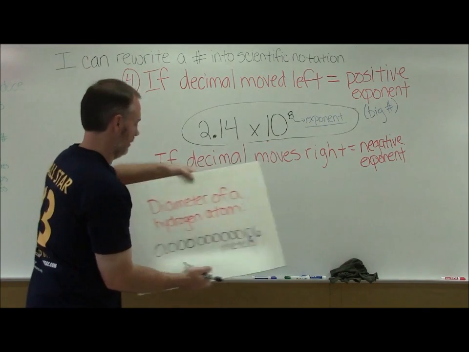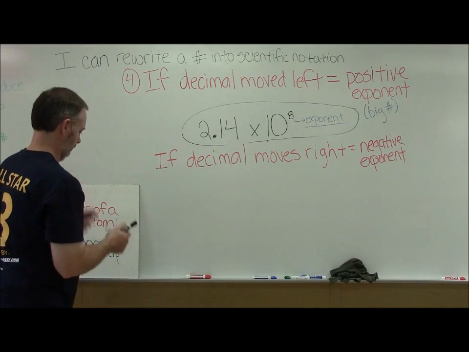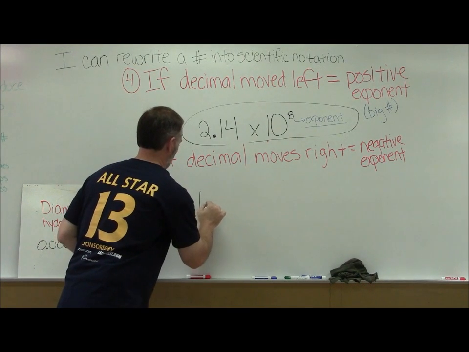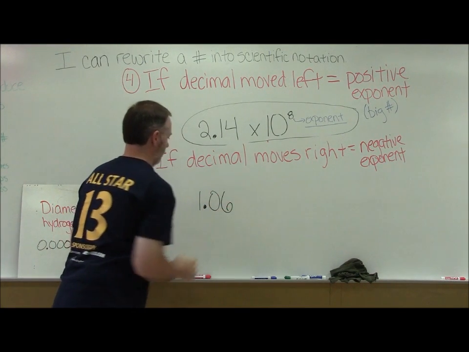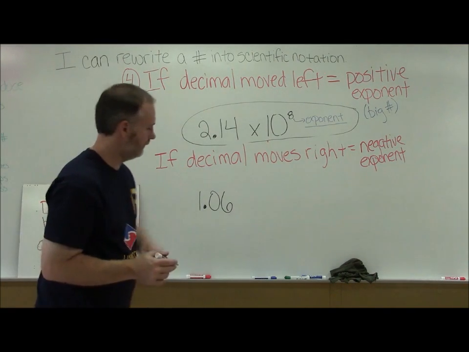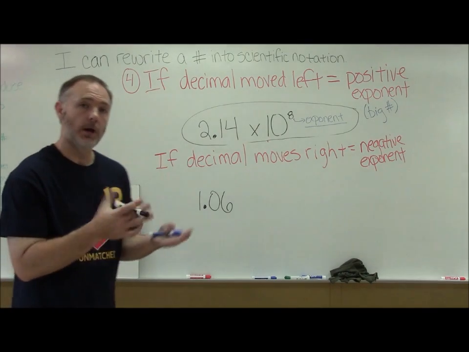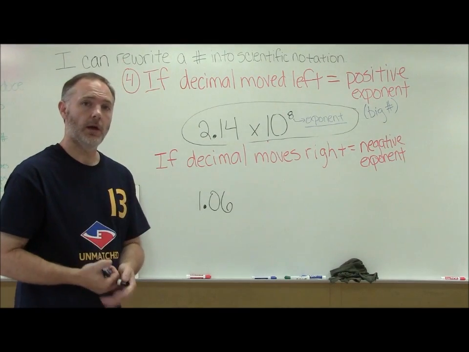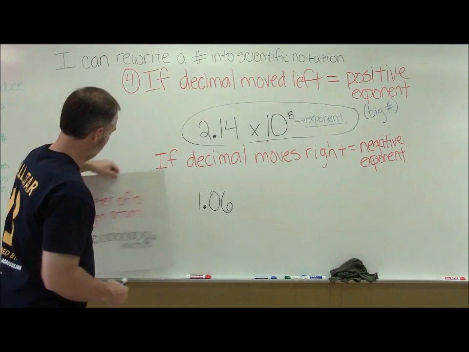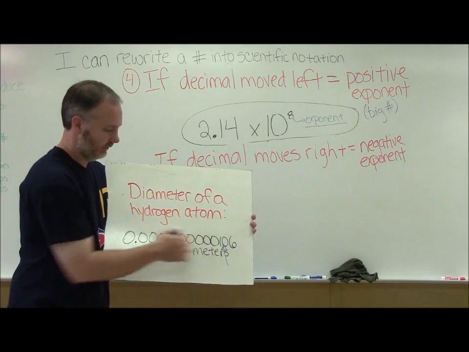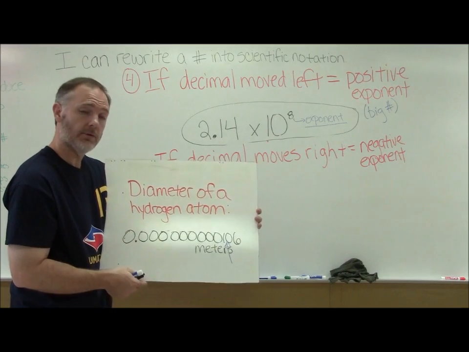So we're going to rewrite it. We're going to rewrite 1.06. Step 2, do not write any of the beginning zeros or ending zeros, and in this case I have beginning zeros that I don't have to write, but I do have to write times 10.